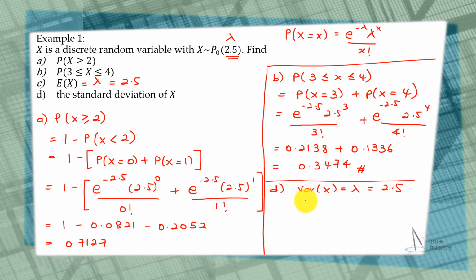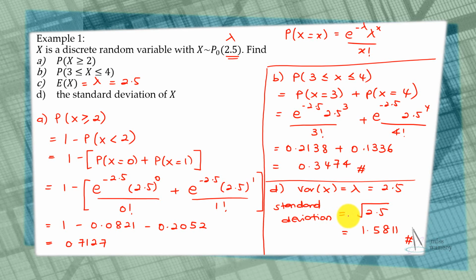So the standard deviation is actually the square root of our variance. Therefore, standard deviation is simply equal to the square root of 2.5, and this answer should be 1.5811. So that is our standard deviation. So be very careful, variance, standard deviation.